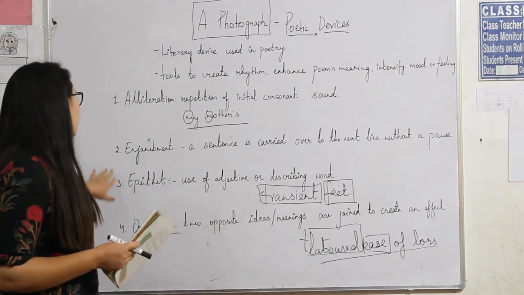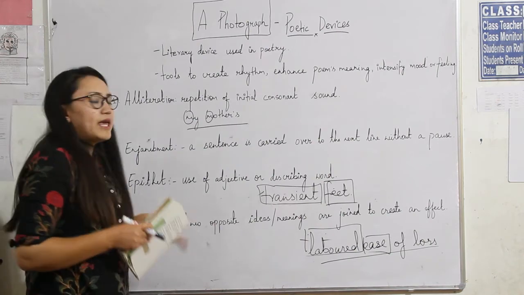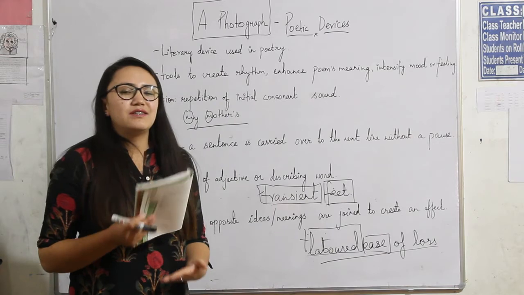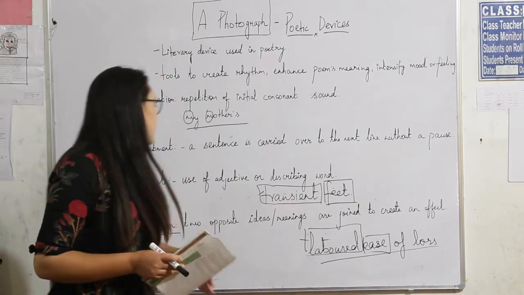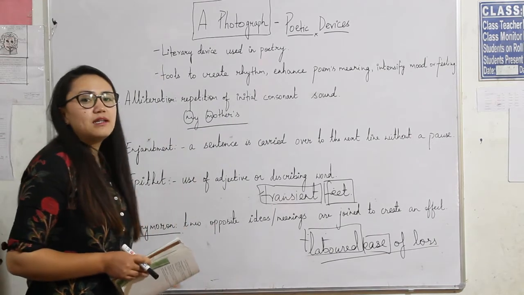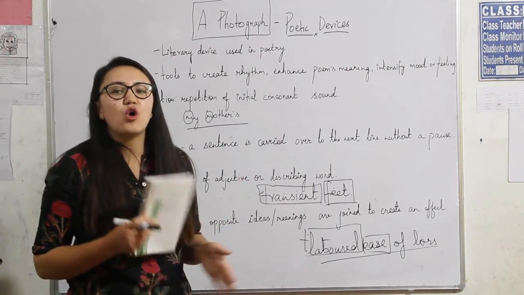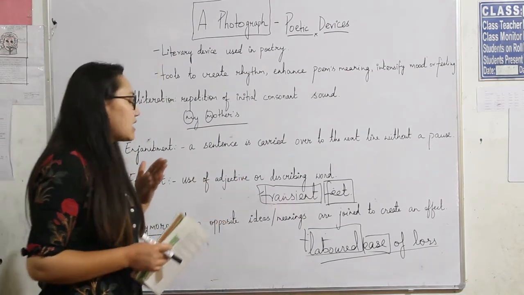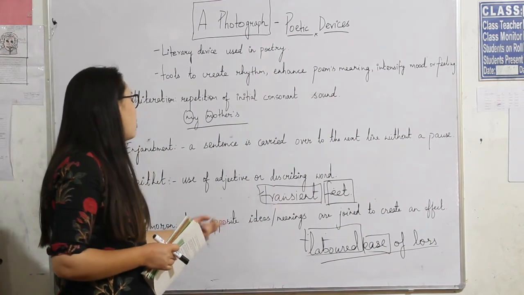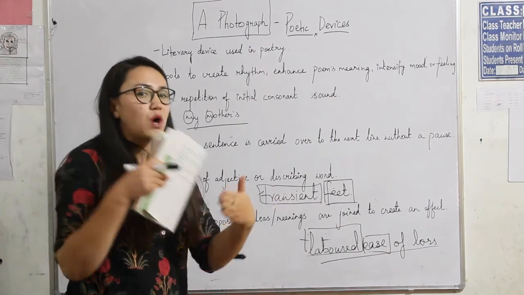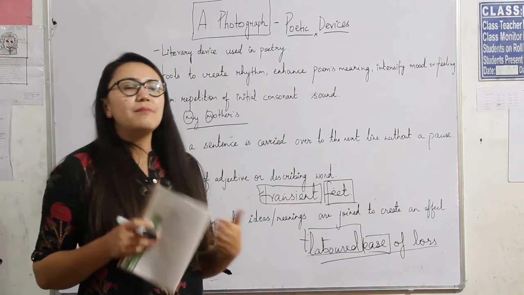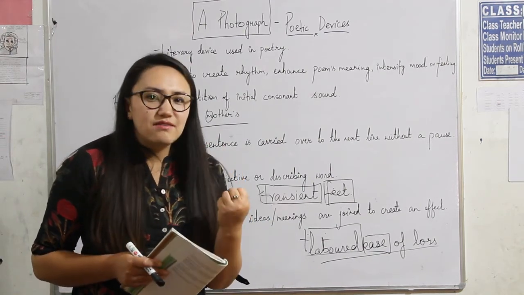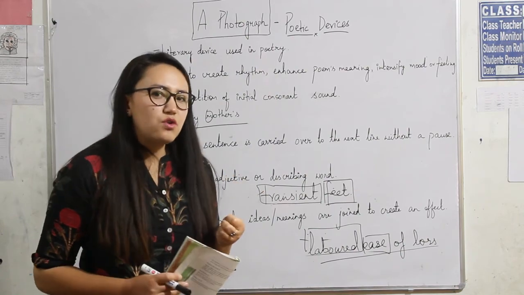The third one that you have learned is epithet, the use of an adjective or a describing word. And the fourth one is oxymoron, when 2 words with 2 opposite meanings or ideas are joined together to create some effect. So you have learned 4 poetic devices in this poem. I hope all of you are clear with this.